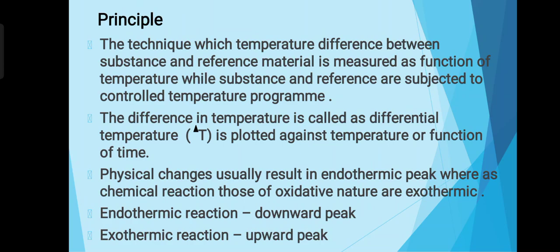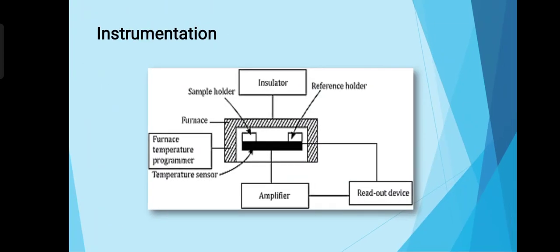Physical changes usually result in endothermic peaks, whereas chemical reactions, those of oxidative nature, are exothermic. Endothermic reaction shows a downward peak, and exothermic reaction shows an upward peak. This is a diagrammatic presentation of the DTA instrumentation.